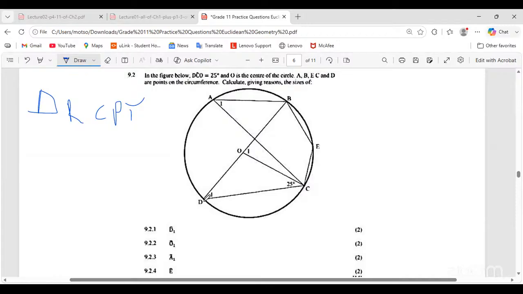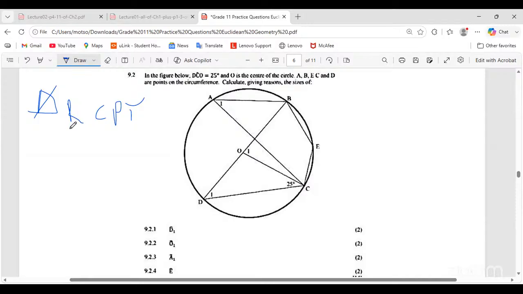If there is a line that moves from the circumference to the circumference and passes through the center, that line is the diameter. But there is no angle subtended by this diameter in this diagram. Therefore, we can't use the theorem that says angle subtended by the diameter, or angle in a semicircle. Now, we can just cancel that letter.